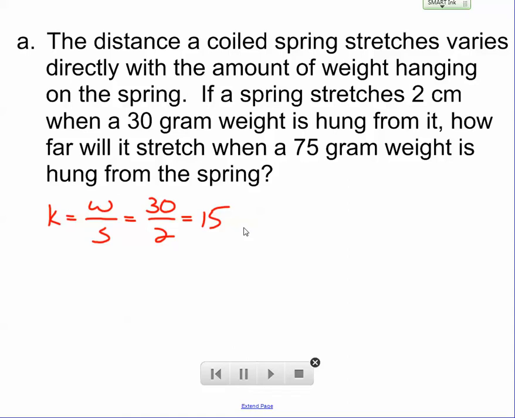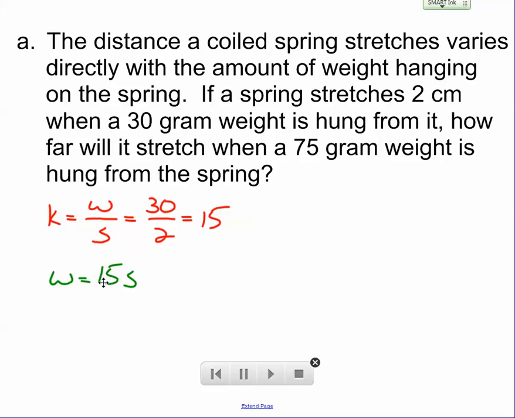So that's 15 grams per centimeter that it stretches. Then we'll write an equation. We'll say that the weight is equal to 15 times the number of centimeters that it'll stretch.